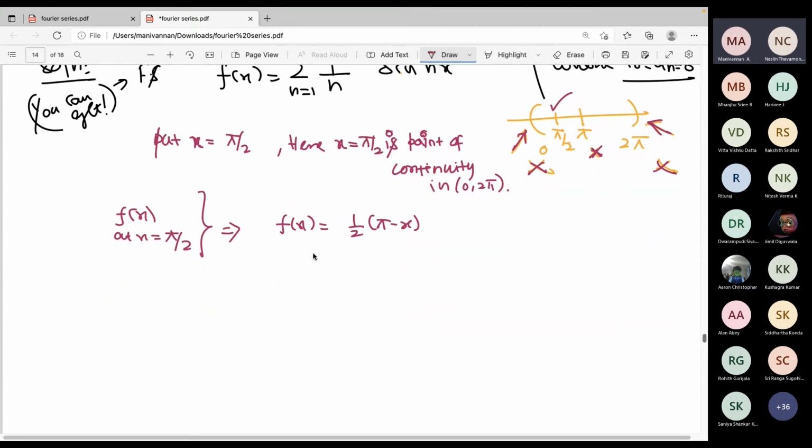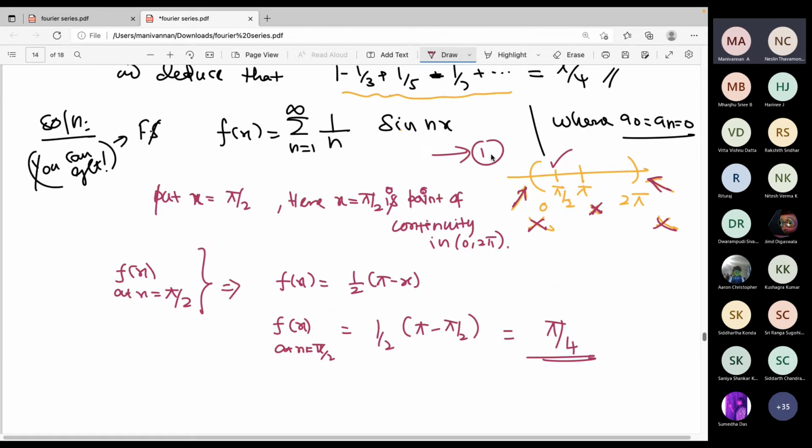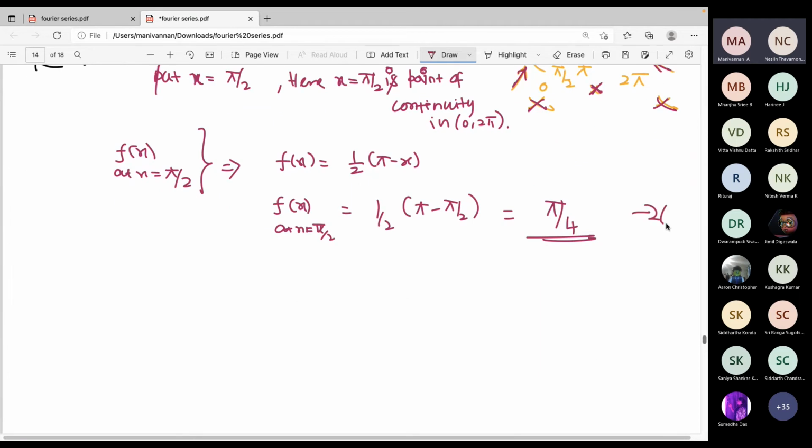So direct substitution we are going to do. At x equals pi by 2, it is 1 by 2 times pi minus pi by 2. So overall it is pi by 2, then times 1 by 2, so here we have pi by 4. Then consider equations 1 and 2.